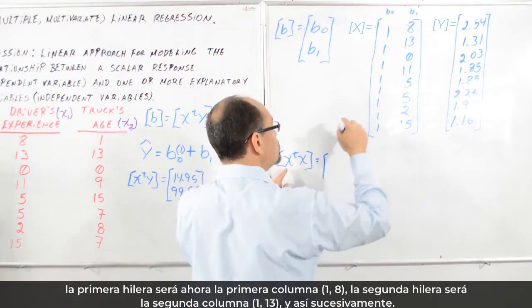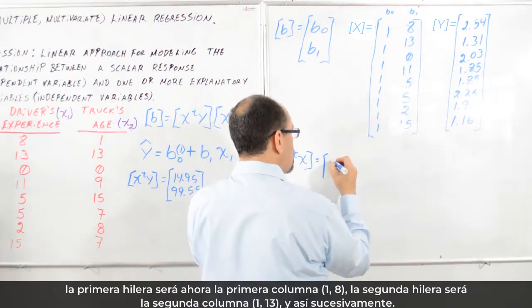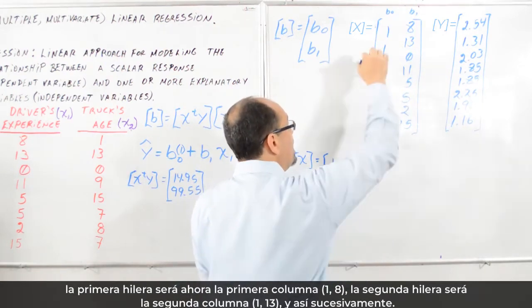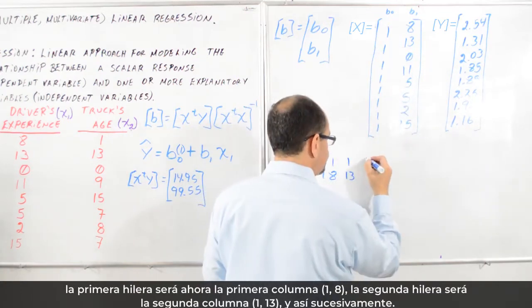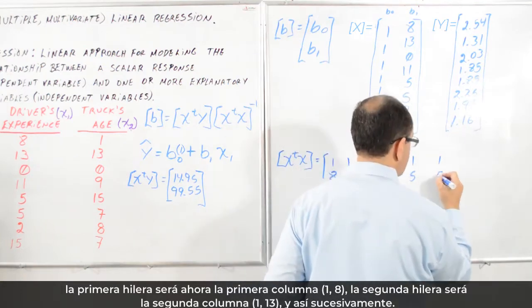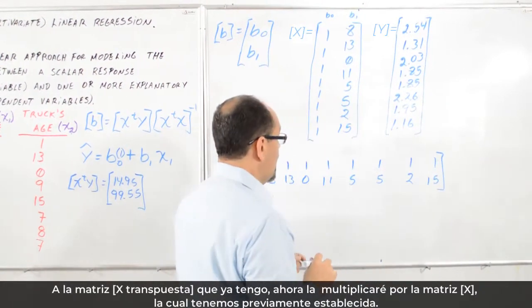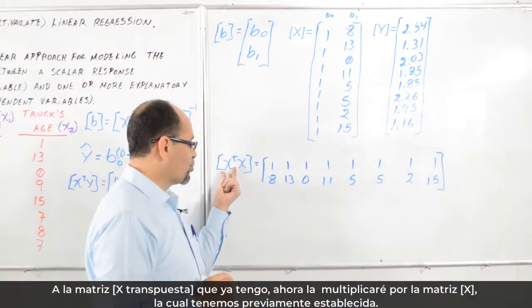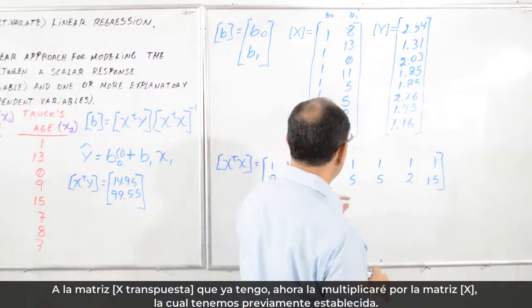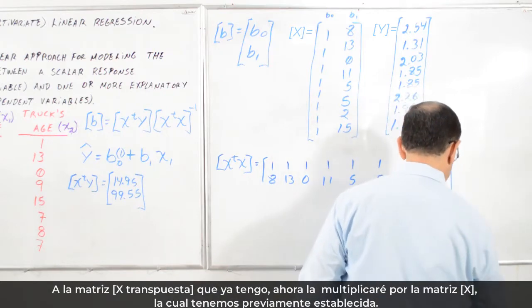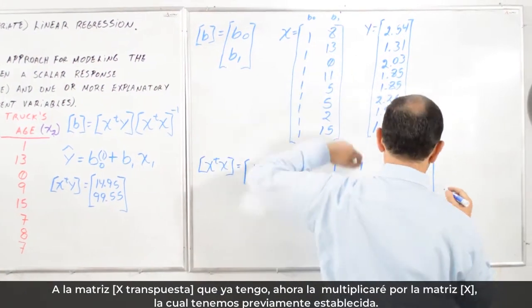So X transpose X will be the first row, now the first column, 1, 8. Second row, second column, and so on. And I already have X transpose, now I multiply times the X, which is equal to this matrix.